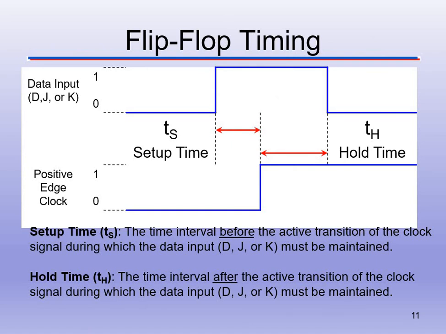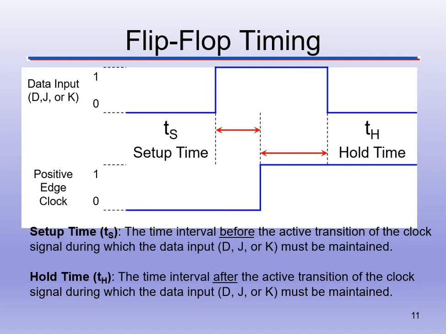So we have our setup time and we have our hold time when we take a look at this. TS, that's our setup time. That's how long we have before the clock triggers. So that's that distance. Even though the input data here, D, or it could be JK, changes and rises, it's not going to happen until the trigger on the clock rises.